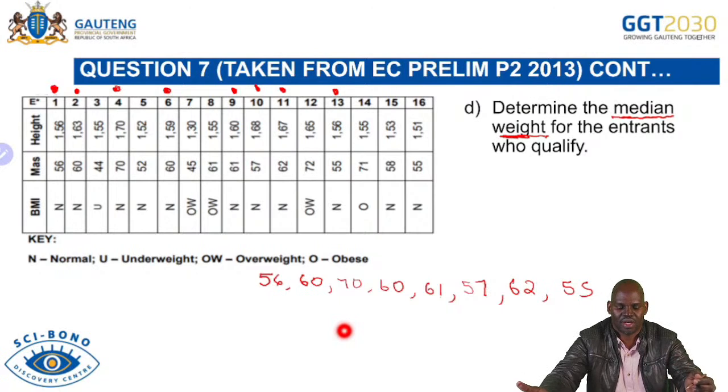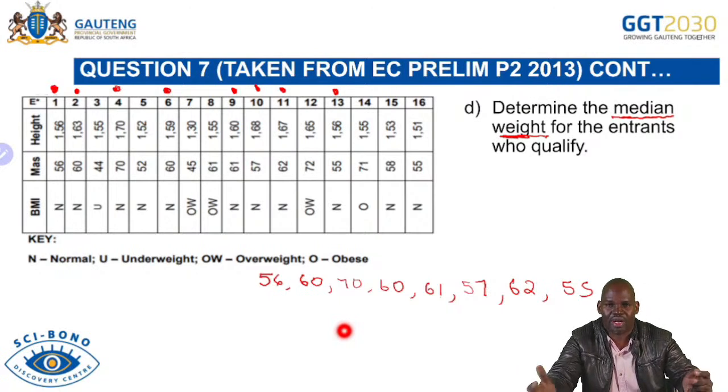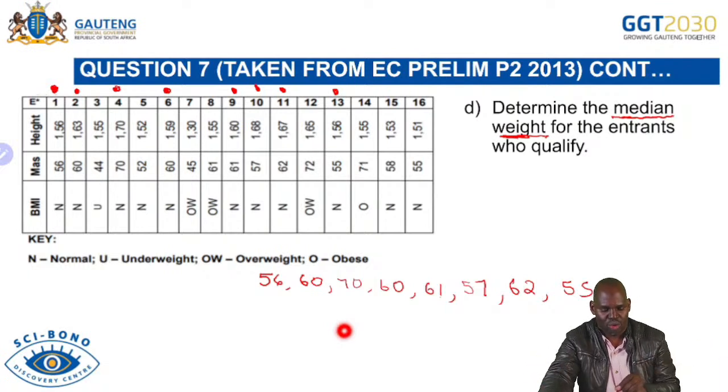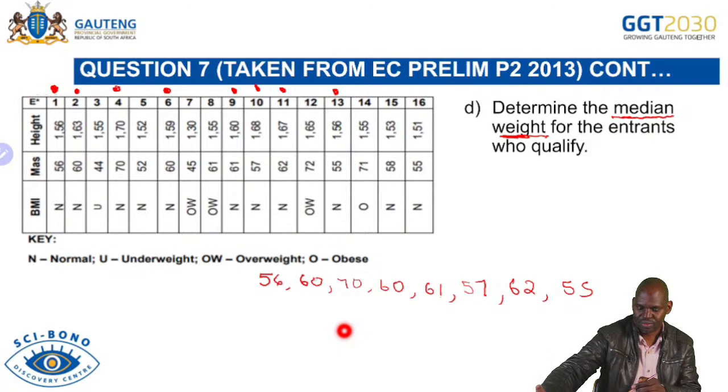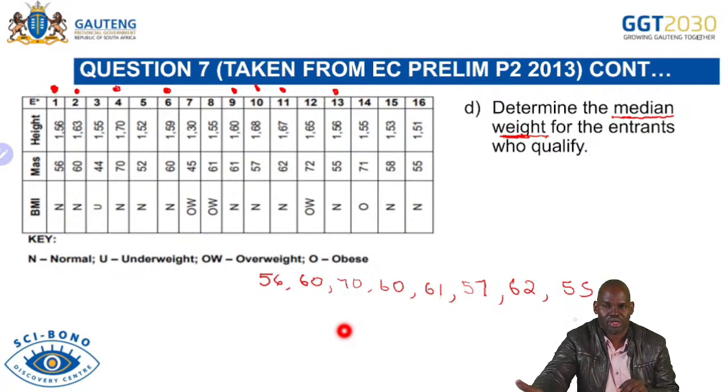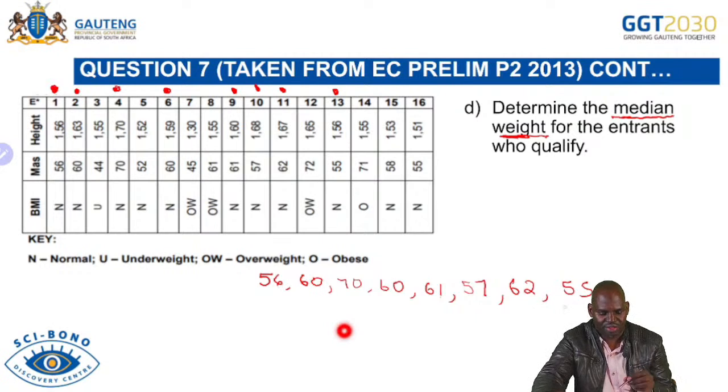We still have 8. For the median, remember we said the median is the middlemost value. So you can't take this data as is. We need to check if it's arranged. Obviously, it's not arranged, so we have to start with either the smallest or the biggest, but it's commonly the smallest. In this case, the smallest value is 55. So we just rewrite 55. We cancel it out.